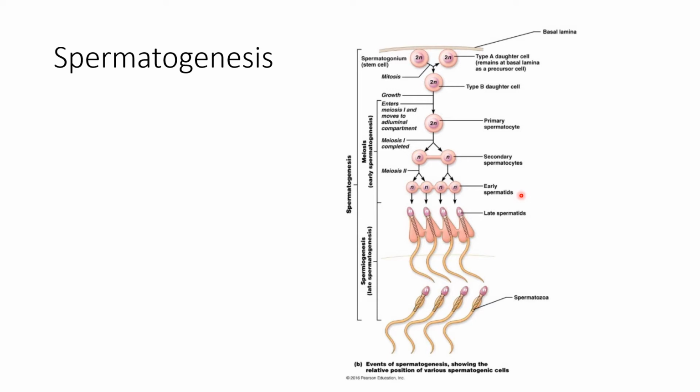So they will have to go through a process known as spermiogenesis so that they can start looking like a mature sperm with the head and the tail. So that's the process of spermatogenesis right there that a male will go through every day.